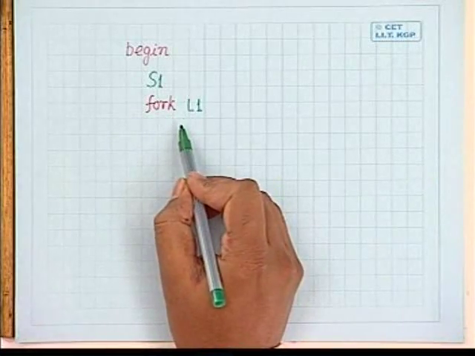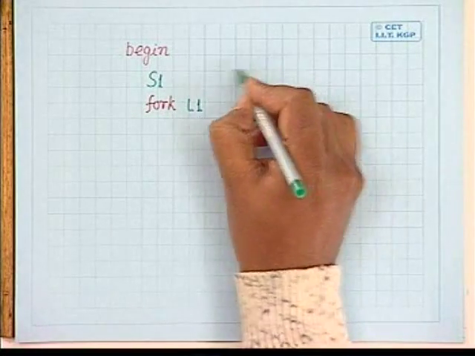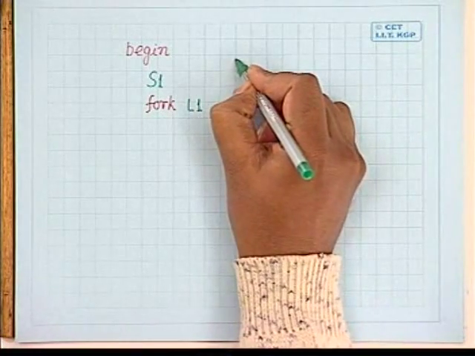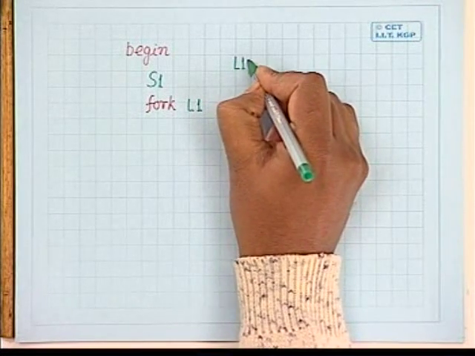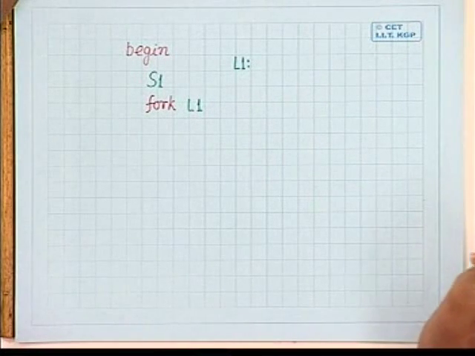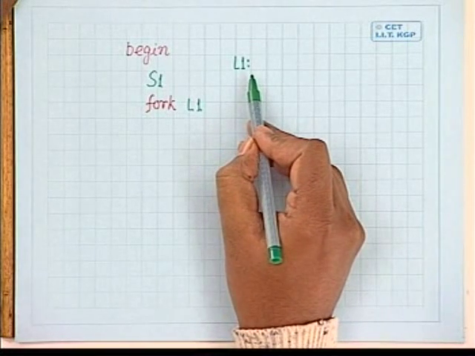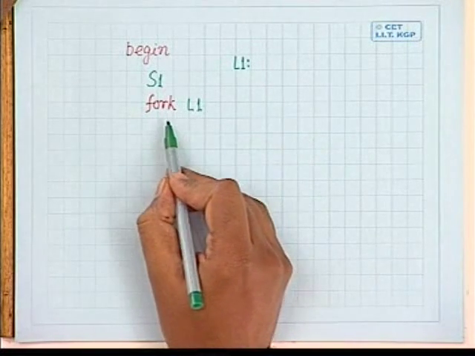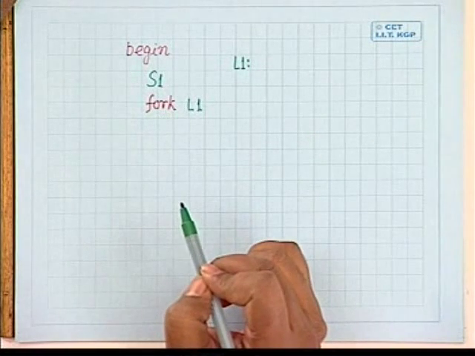Now what does it mean? Whenever I say fork L1, I create an additional process. One process will start execution from the statement at label L1, and the other process will continue with the statement following this fork statement.